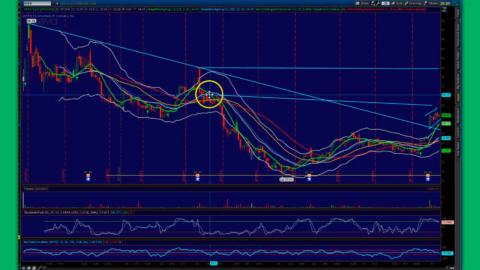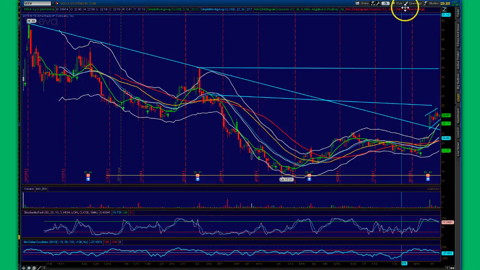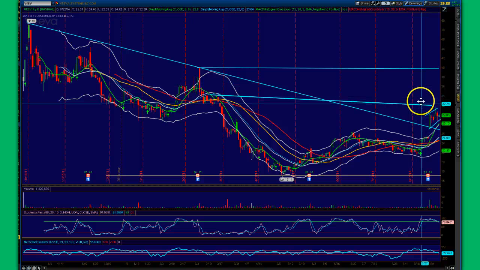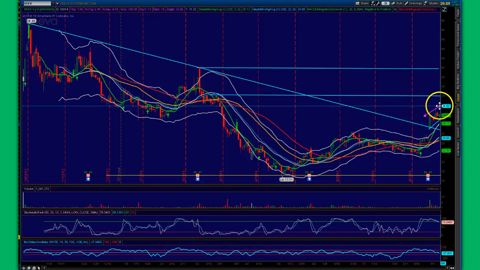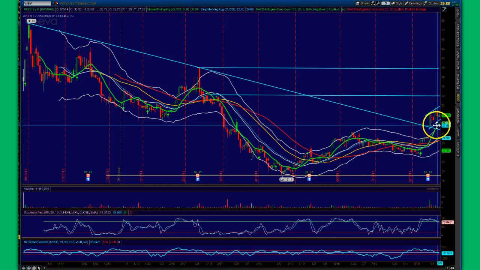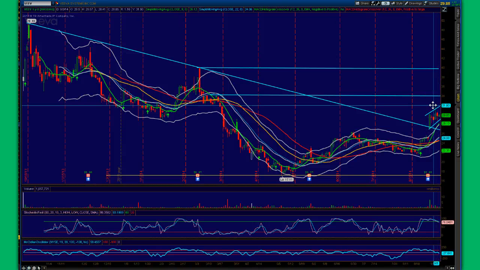We do have some resistance around 34, but like I said, there's nothing wrong in this picture, unless we break below 27. All right, so again, another great idea to work with.